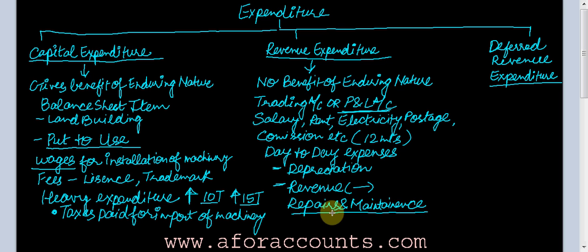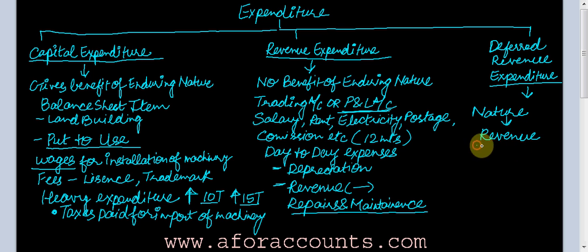Now let's talk about deferred revenue expenditure. Learn that the nature of such expenditure is revenue only. But you can say in most cases the revenue expenditures are small in amount, capital expenditures are large in amount.